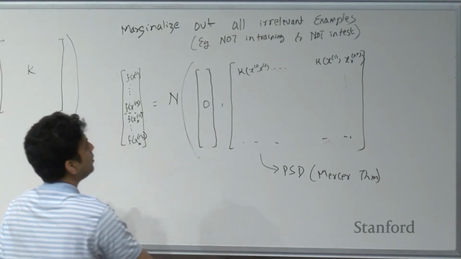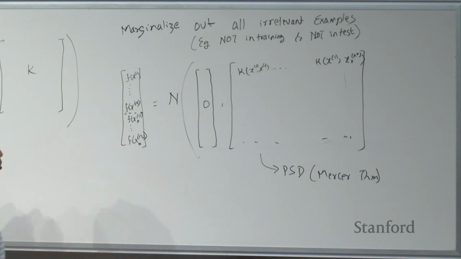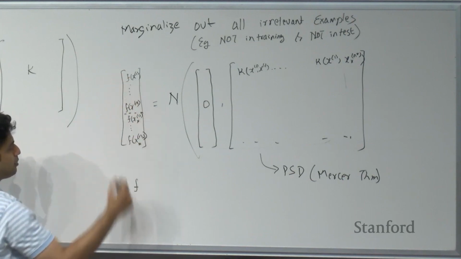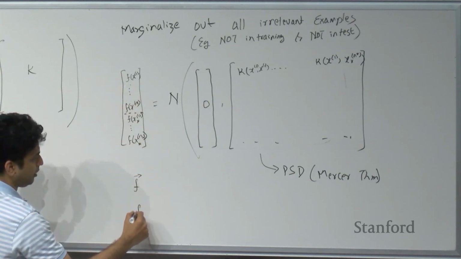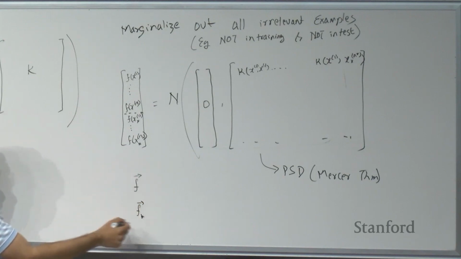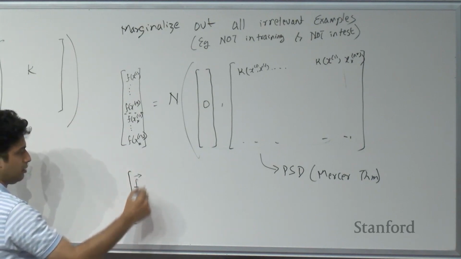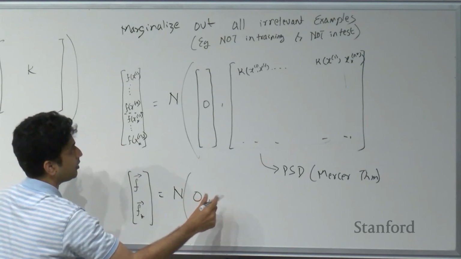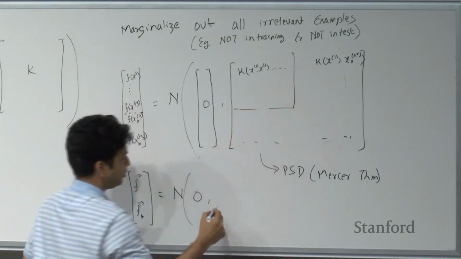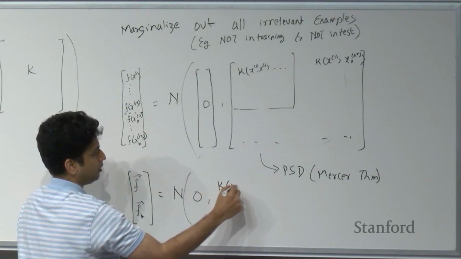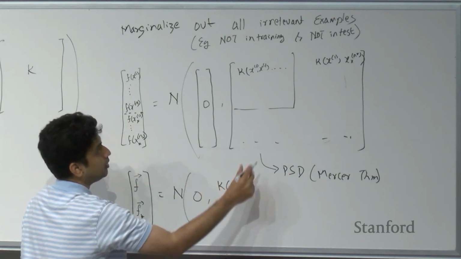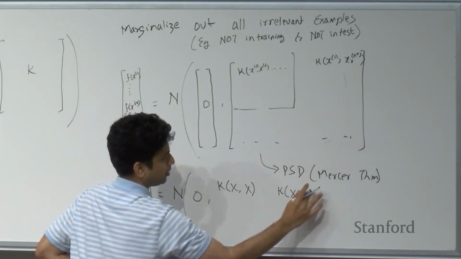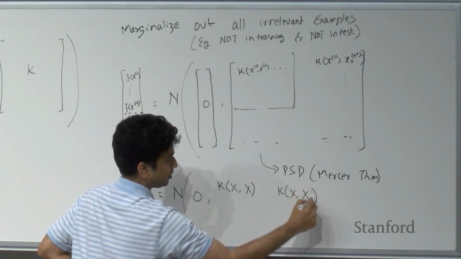All right. Now we will represent this in a more compact way, where I will write f to be the examples as the training set and f star as the function evaluation at the test set, equal to normal of 0, and I will call this block to be k of x, this block to be k of x star. I guess we've been writing star as a prefix, as a subscript.